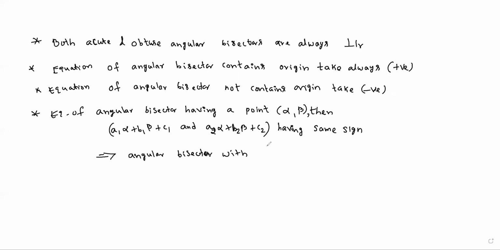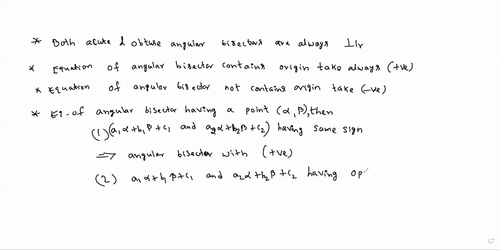With the positive symbol, in that formula we will take plus. Similarly, that is one condition. Next, second: if a1 alpha plus b1 beta plus c1 and a2 alpha plus b2 beta plus c2 have opposite sign.